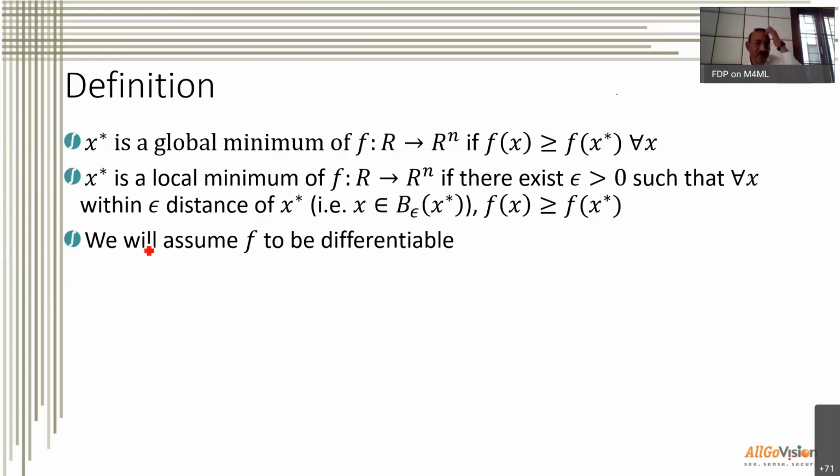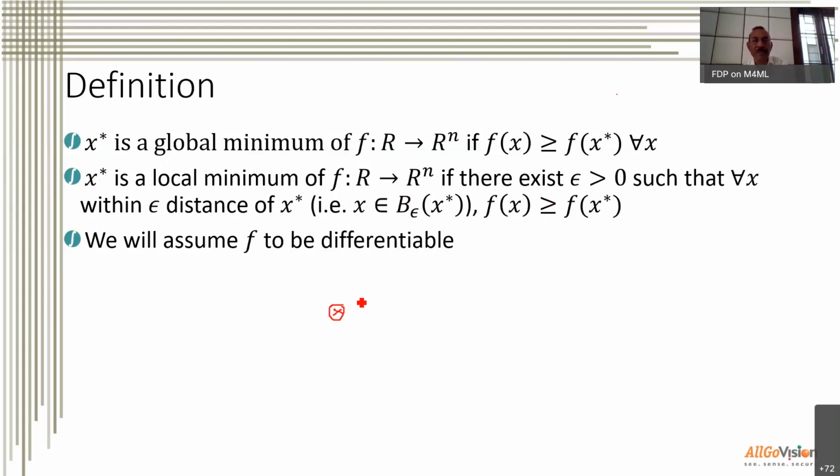Now, when is x star a local minimum? x star is a local minimum of f. Again, same mistake here also, it should be from Rn to R. If there exists some epsilon greater than 0, such that for all x within epsilon distance of x star, so let's say this is my x star, then if I draw some epsilon ball around it, this is called an epsilon ball. What is the meaning of epsilon ball around x star?